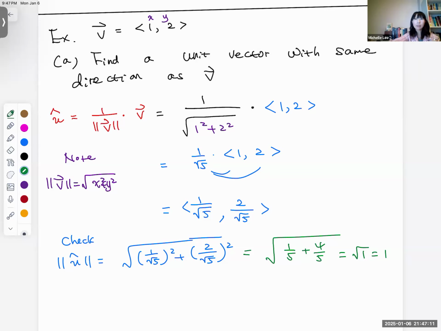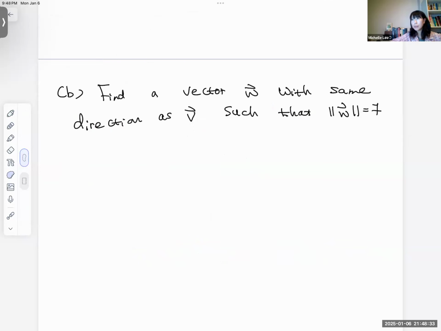Let's do the second part. Okay, second part, find the vector w with the same direction as vector v, such that the magnitude of vector w equals 7, right? Okay, so we should understand this one. Like earlier when we did a scalar with the vectors, right? Let me explain one more time. We have a vector v earlier.